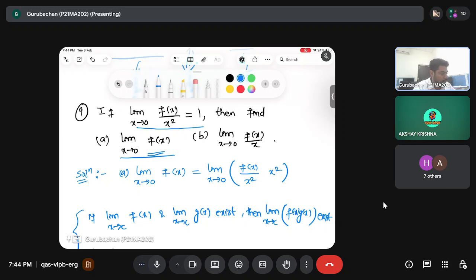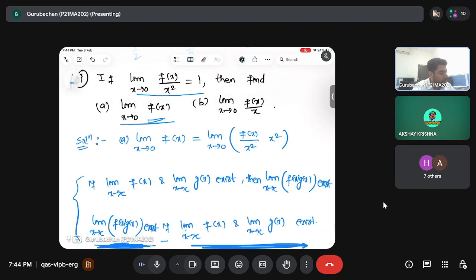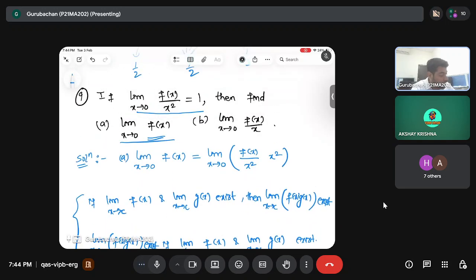Correct? So now tell me, I told you if this limit and this limit separately exist, then this product limit exists. Correct? So what is the limit of these separately? This is 1 and this is 0.